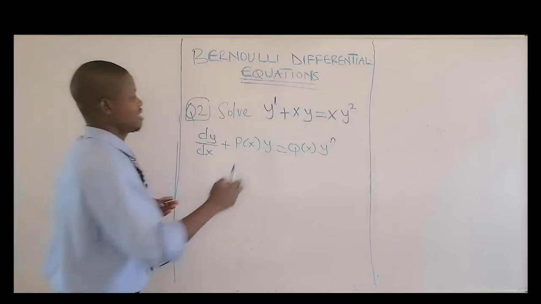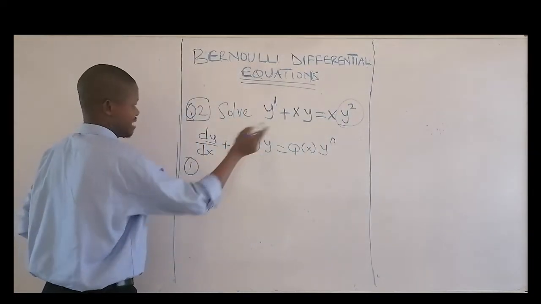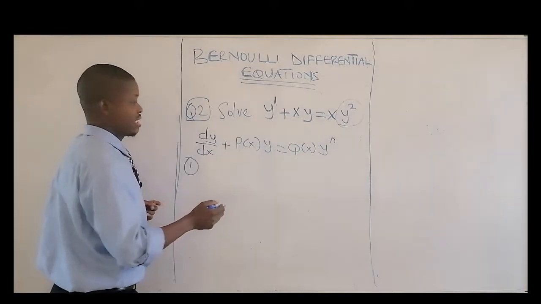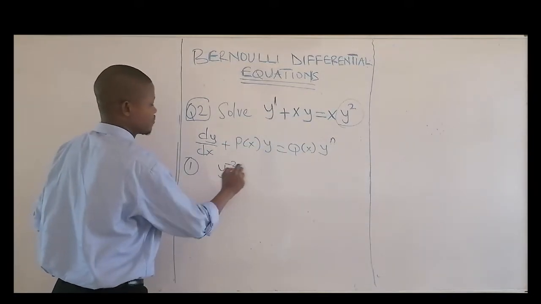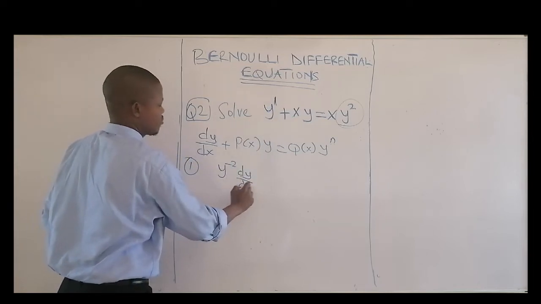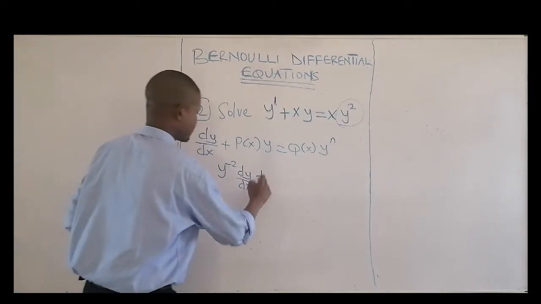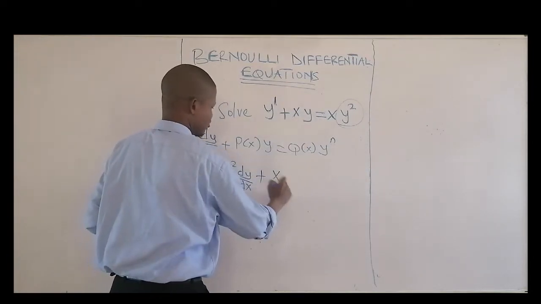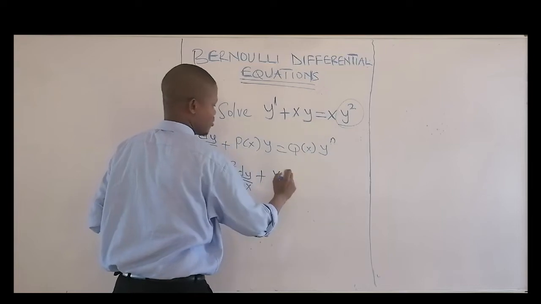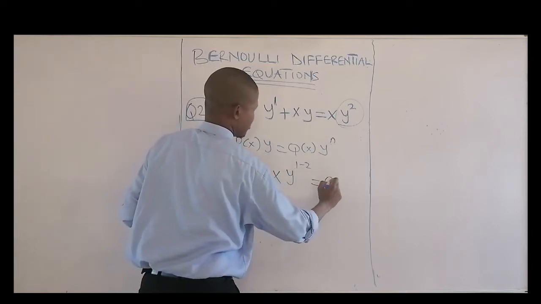The first step is to cancel this one here. So step 1, divide by y squared. That will give you y^-2 times y prime, and y prime is written as dy/dx, plus x times y^(1-2), equal to x.